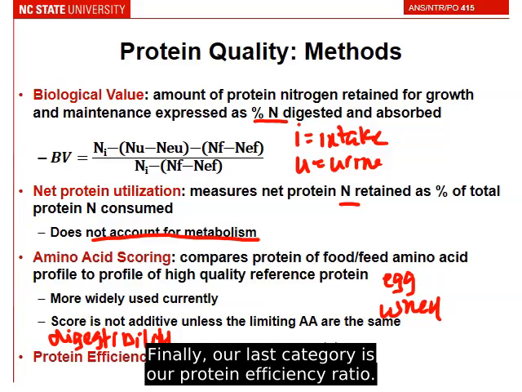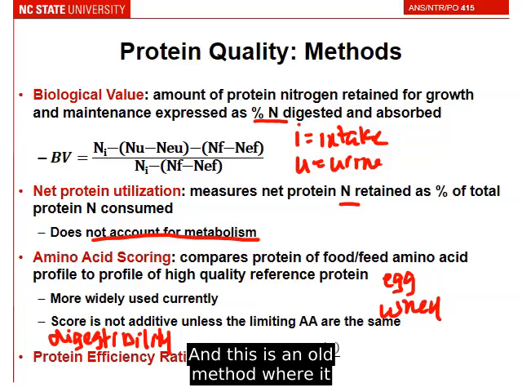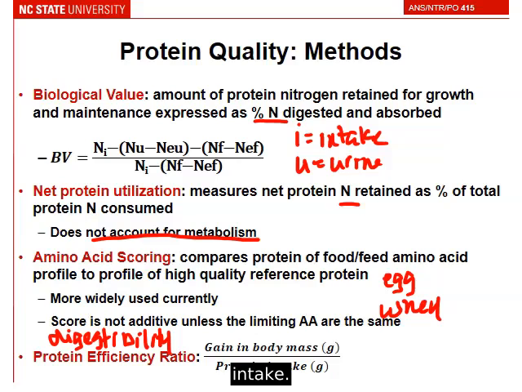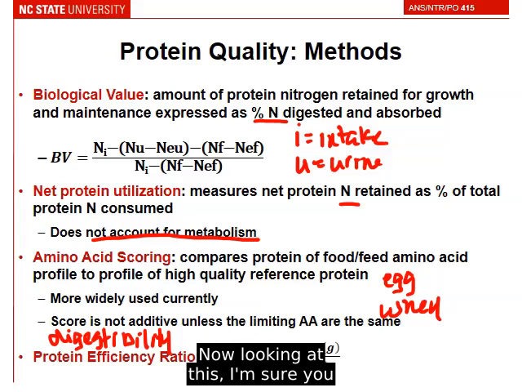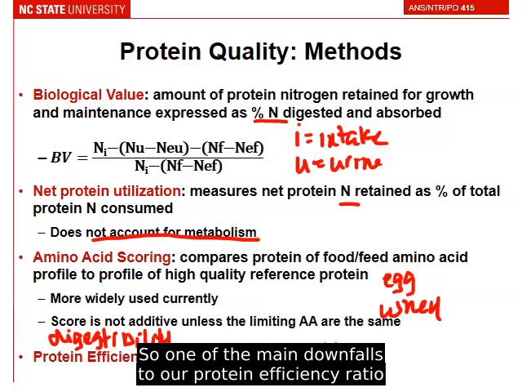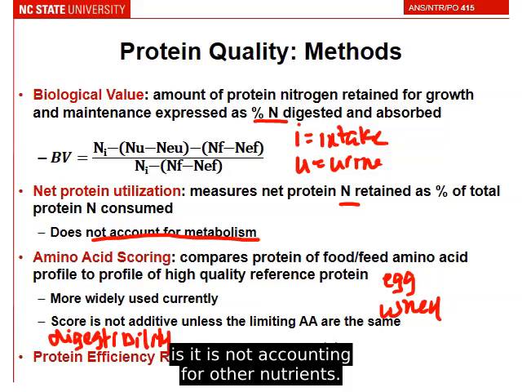Finally, our last category is our protein efficiency ratio, and this is an old method where it is looking at the gain in body mass divided by the protein intake. Now, looking at this, I'm sure you could see many limitations of using the protein efficiency ratio. So one of the main downfalls is it is not accounting for other nutrients.